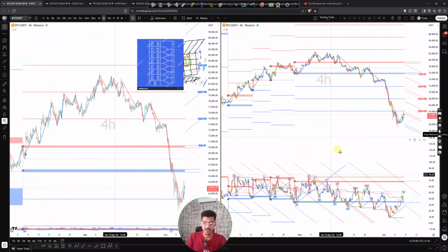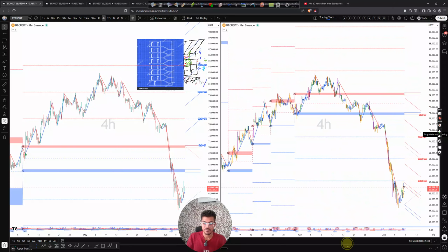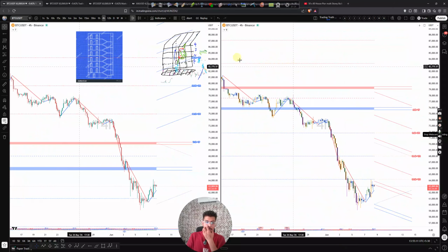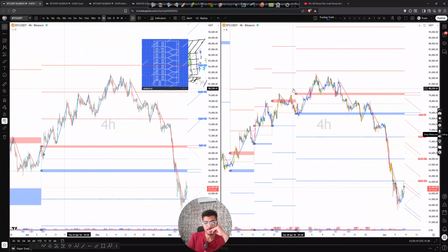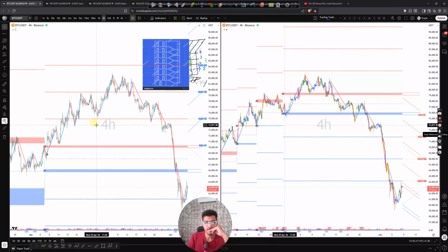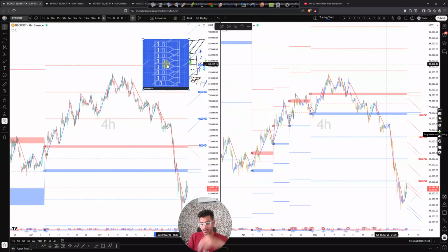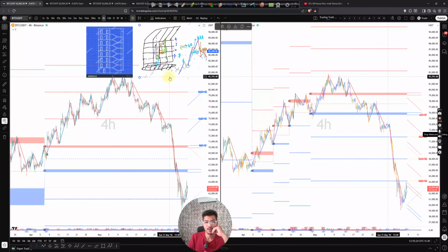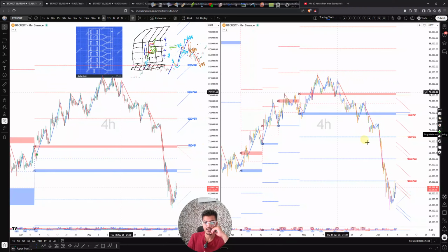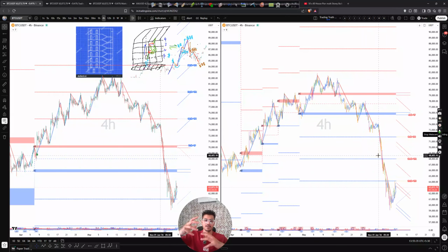Let me disable this as well, bring it down. So see, distribution structure was there, and then the market just went down all these three floors. You can just flip it, all right, and this is what you will see.